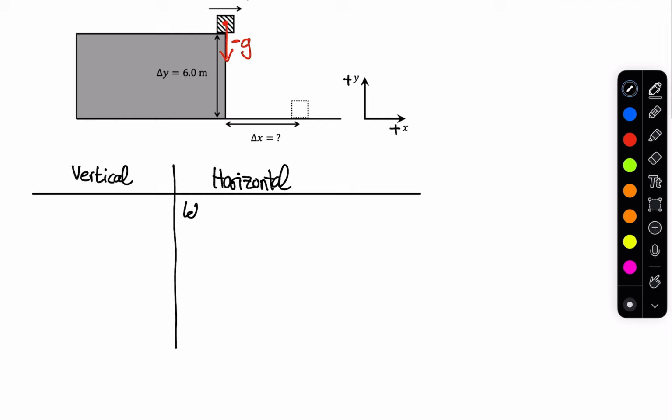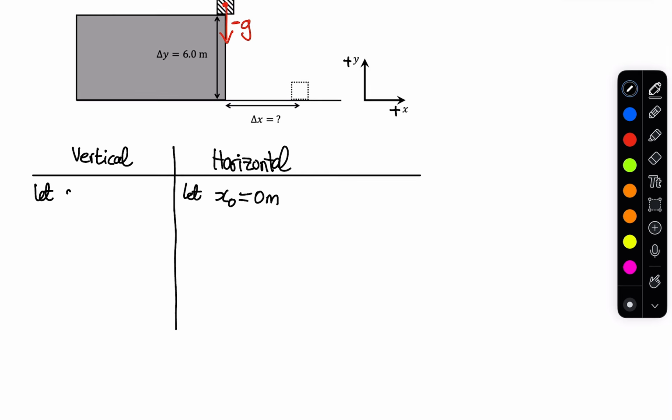So we let x of 0 equal to 0 meters, and we let y of 0 be equal to 0 meters. Now notice the change in y is 6 meters, and that means that since y of 0 is equal to 0, down over here it would be negative 6.